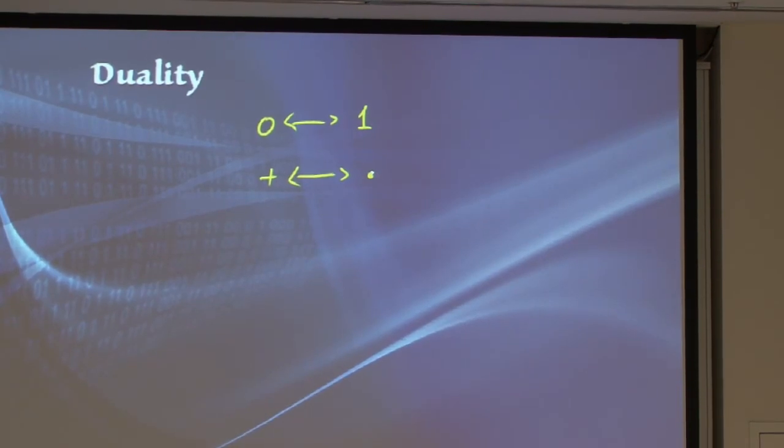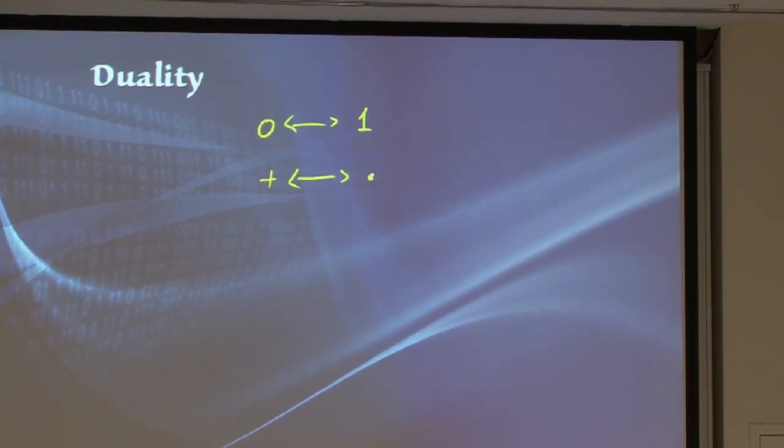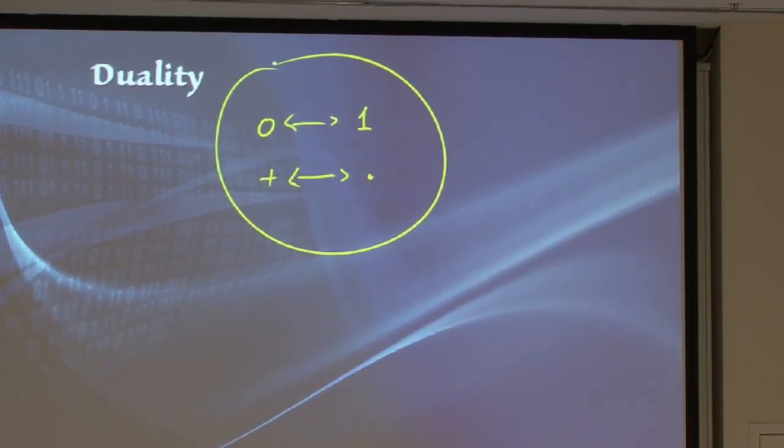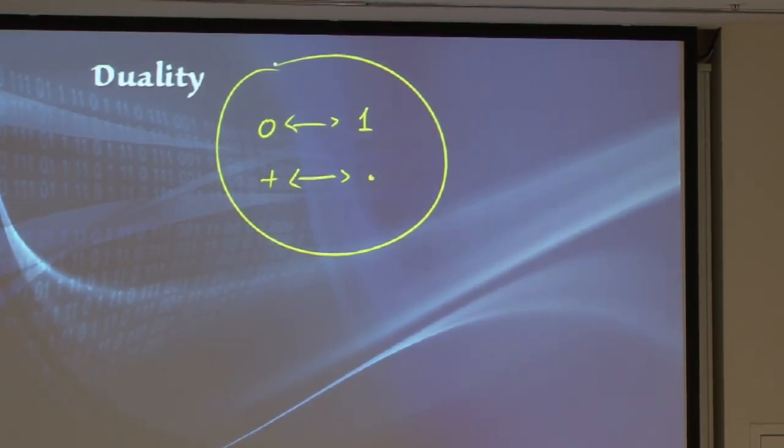Now, there's a theorem that says that if you can prove some Boolean theorem, and you take its dual, meaning doing those two things, the dual will also be true. So if you can prove one, its dual will also be true. You don't actually have to prove it.